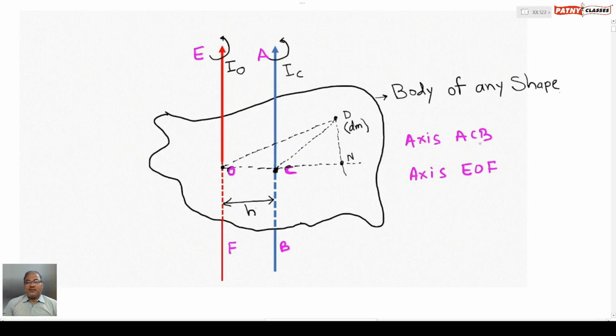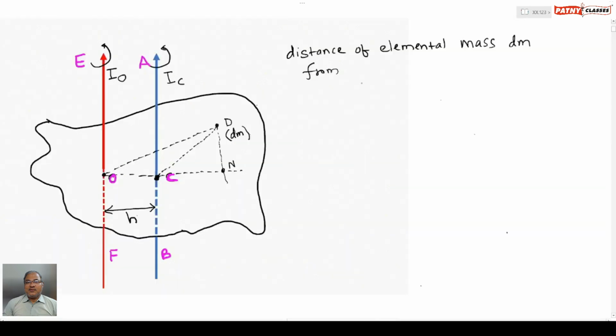Only one axis is present at a time about which the body is rotating. Now distance of elemental mass dm from point C equals distance DC, and from point O equals distance OD.